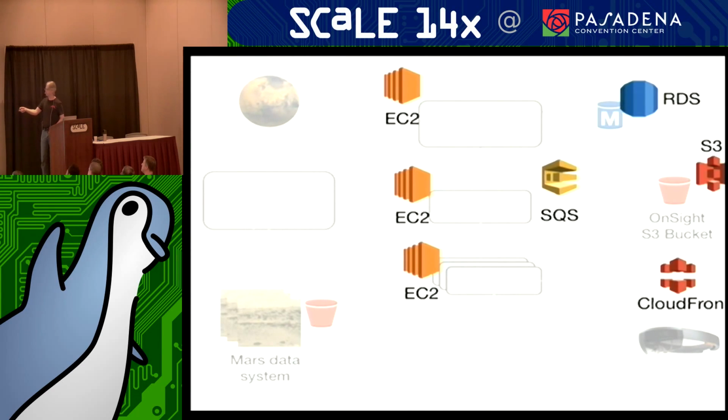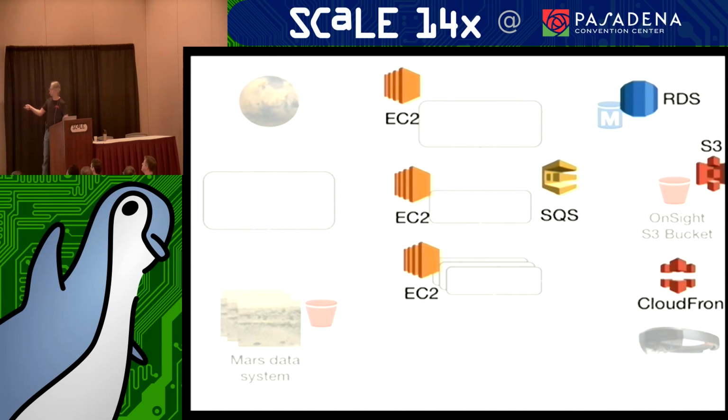We use SQS, the Simple Queue Service, to communicate between the build cluster and the build manager, and within the build cluster itself. So we have a couple queues set up for different types of communication. We use the Relational Database Service. This is Amazon's relational database as a service. It's kind of a veneer over a relational database to store information about available source data and completed terrain builds.